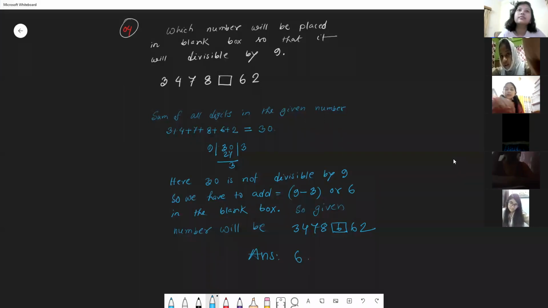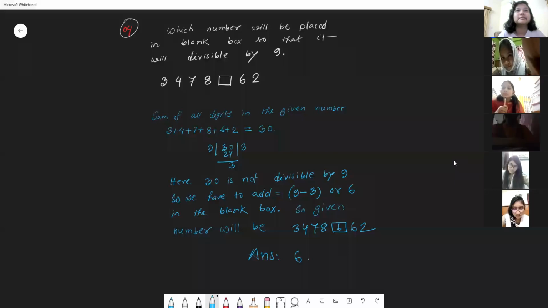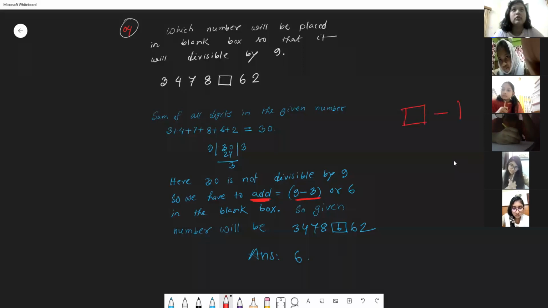Did you complete this one? Let us discuss the last part again. Sometimes you may be confused here, because the written word is add, but we have done subtraction. That means we have to add the number which is the difference of divisor and remainder.